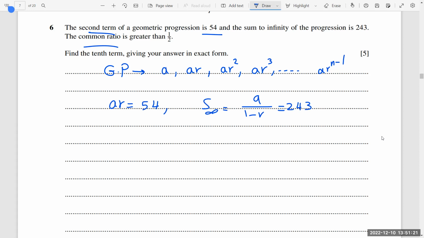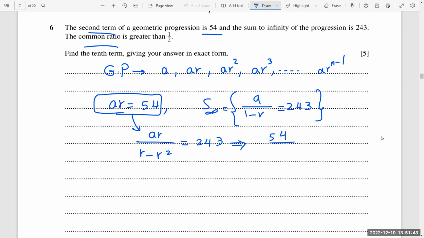So just remove A. A can be multiplied by R up and down here. I can multiply this equation by R to get AR over R minus R squared is equal to 243. After that, instead of AR, I can put 54 here. This implies 54 over R minus R squared is equal to 243.